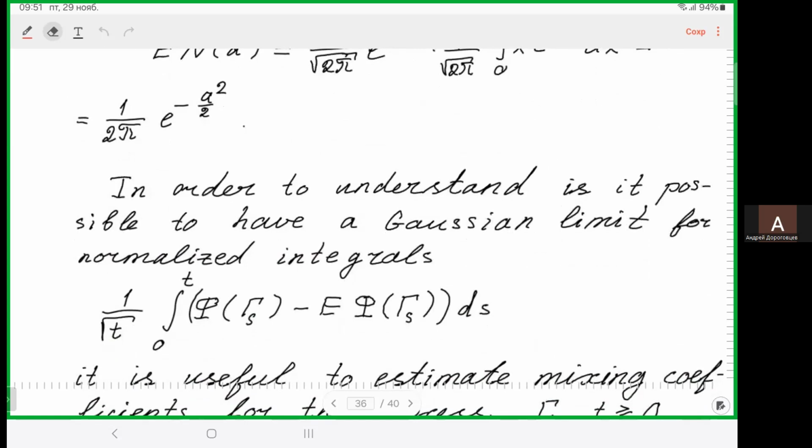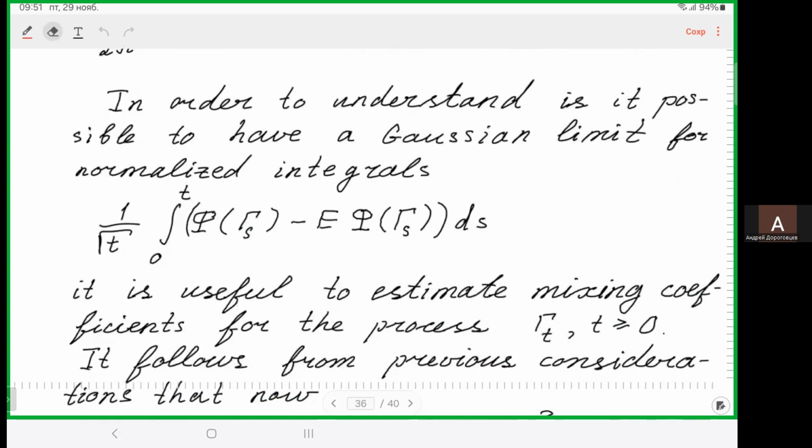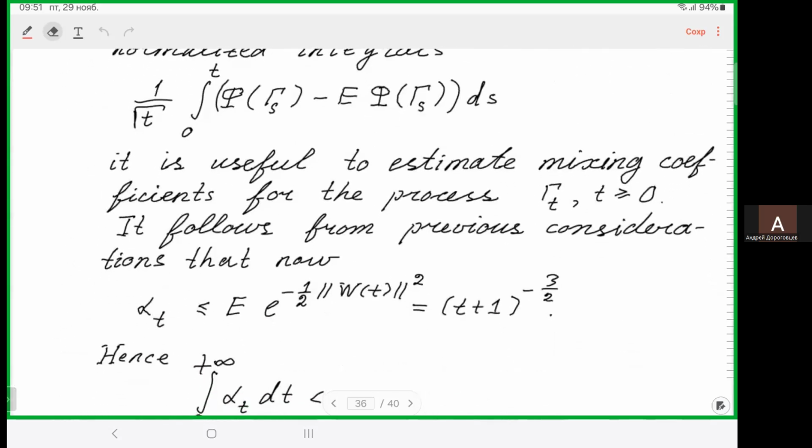Now we already discussed that not only can one consider ergodicity, we have a mixing property, and one can consider even the central limit theorem for some characteristics. We already discussed that the mixing coefficient can be found, and this mixing coefficient can be estimated by (t+1)^(-3/2).